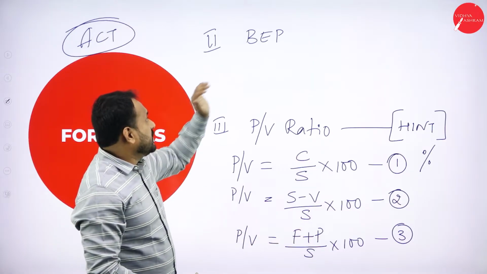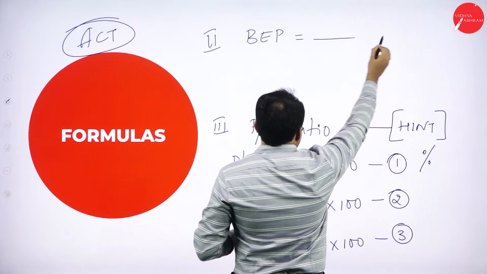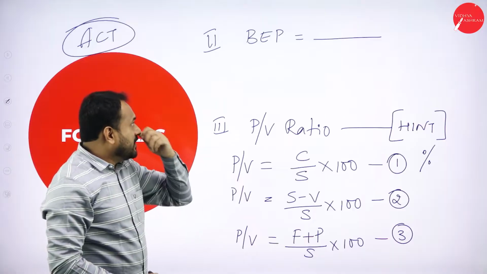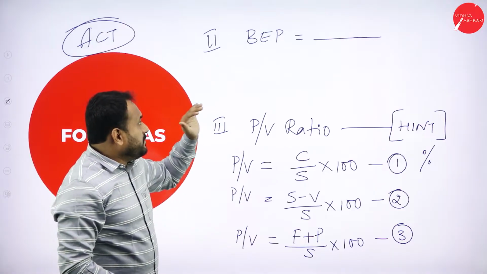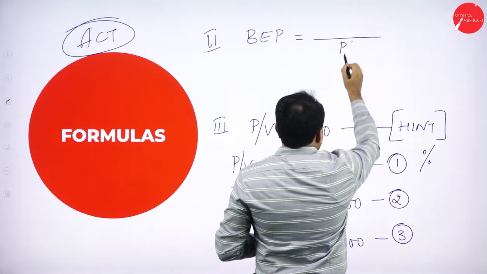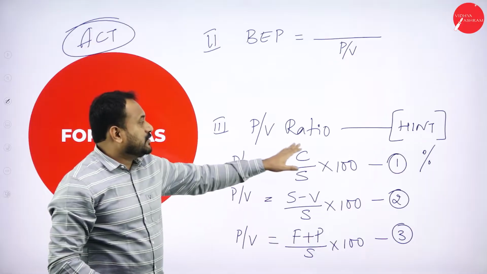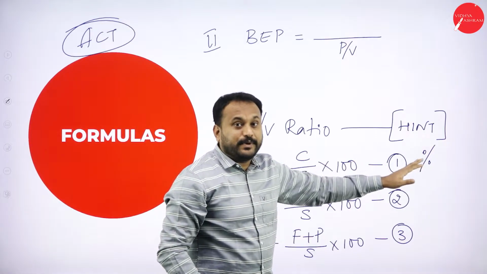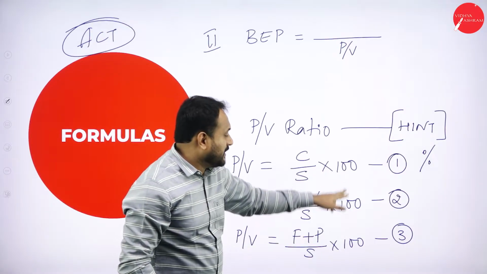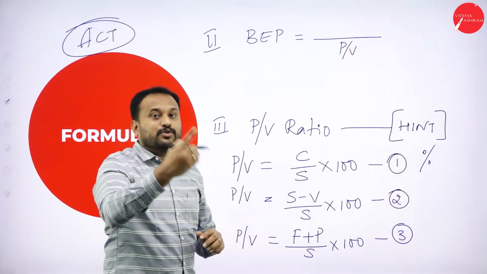Now we are with the next one, that is BEP. BEP is equal to, now draw a denominator-numerator combination. In BEP, the denominator will be PV. PV ratio is always in percentage, so we are supposed to multiply by 100. Now PV is in the denominator. What will come in the numerator?